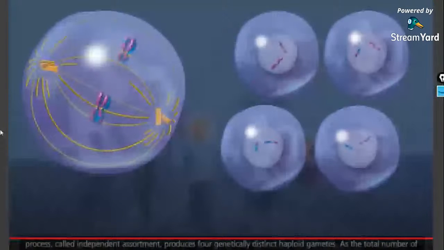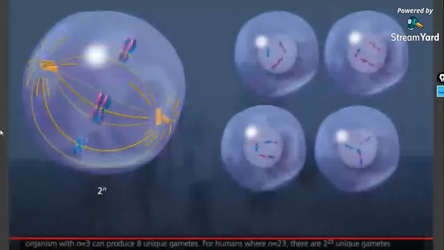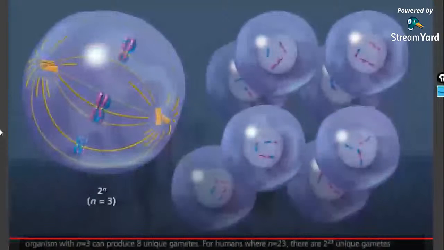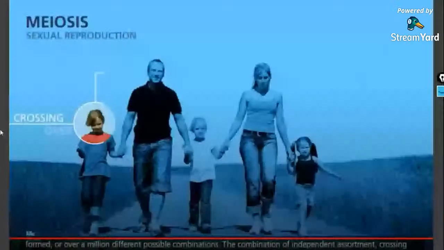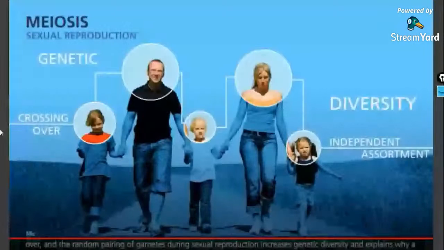Genetic diversity comes from several sources.